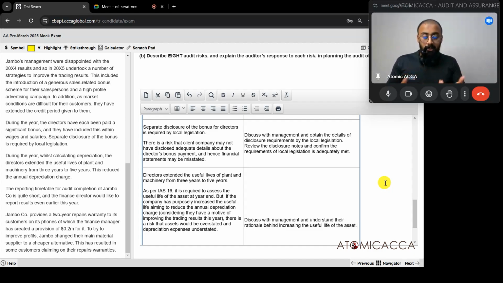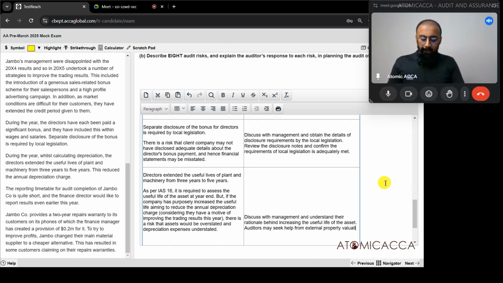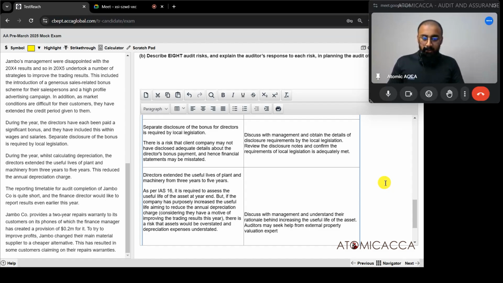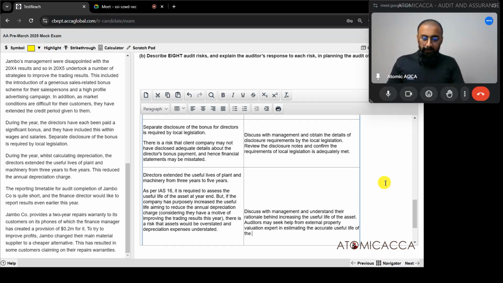Now for more solid evidences, auditors may contact or may seek help from external property valuation expert in estimating the accurate useful life of the asset. This much is enough actually.